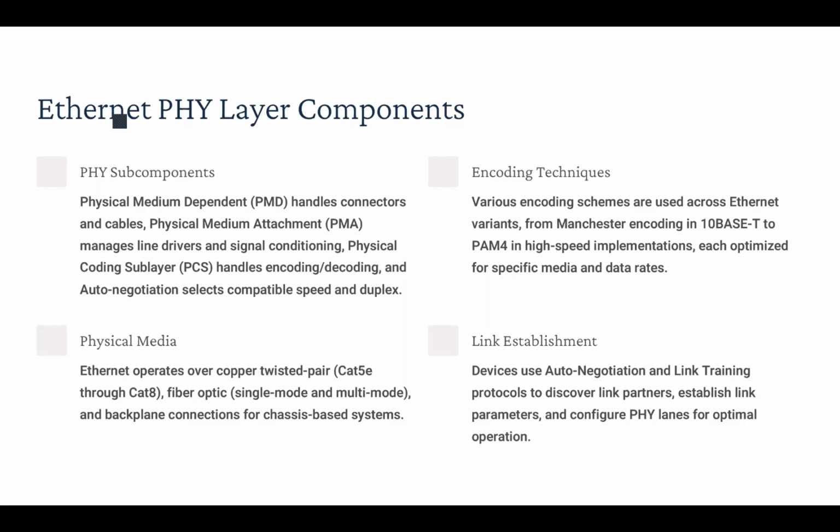For link establishment, Ethernet devices initiate the communication using auto negotiation and link training during the exchange of capabilities, which determines the optimal speed and duplex and adjusts the physical parameters to make sure of achieving a stable and error-free link.